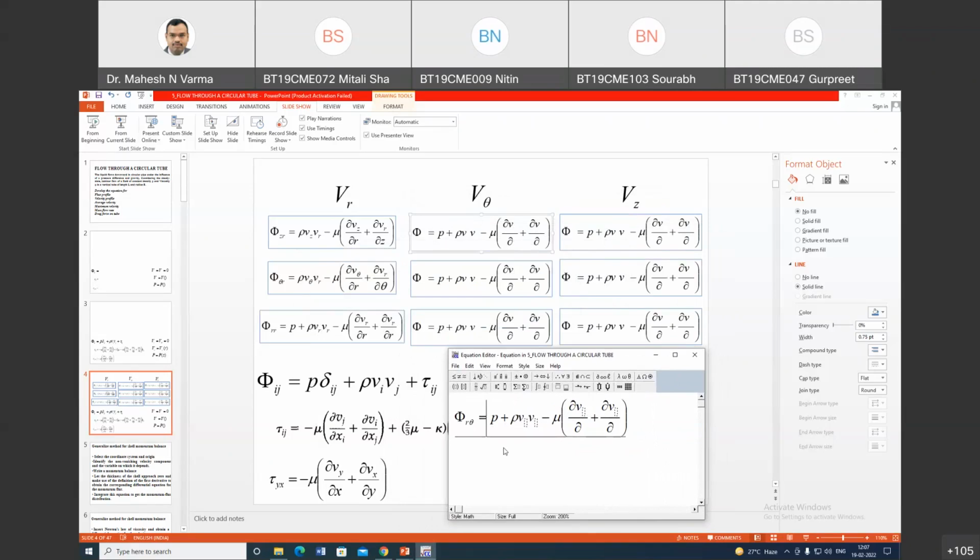Sir, it will be 0, sir. Delta r theta is 0. Very good. And which velocity here? Sir, rho vr v theta. This will be del vr by del theta plus del v theta by del r. Everybody is getting this?